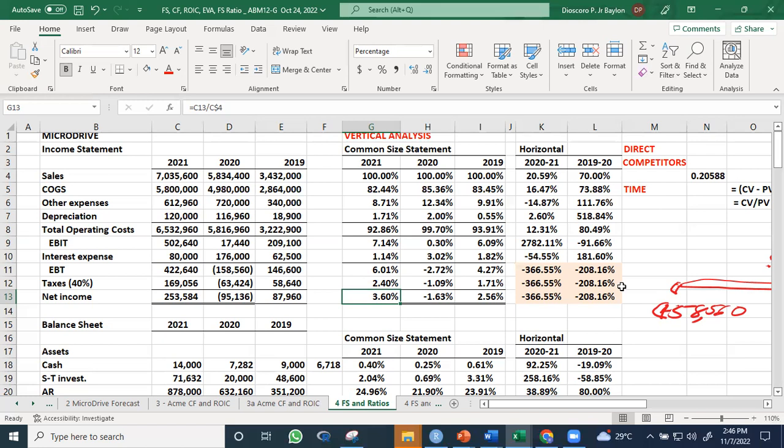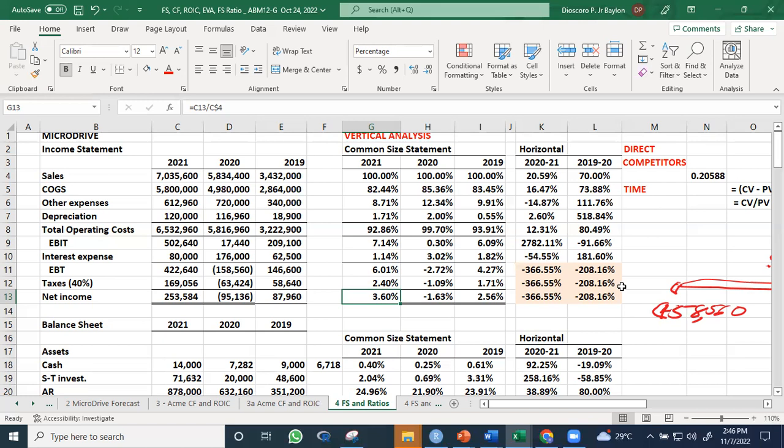The total costs were greater than the total revenues. That's why there was a loss of 1.63.